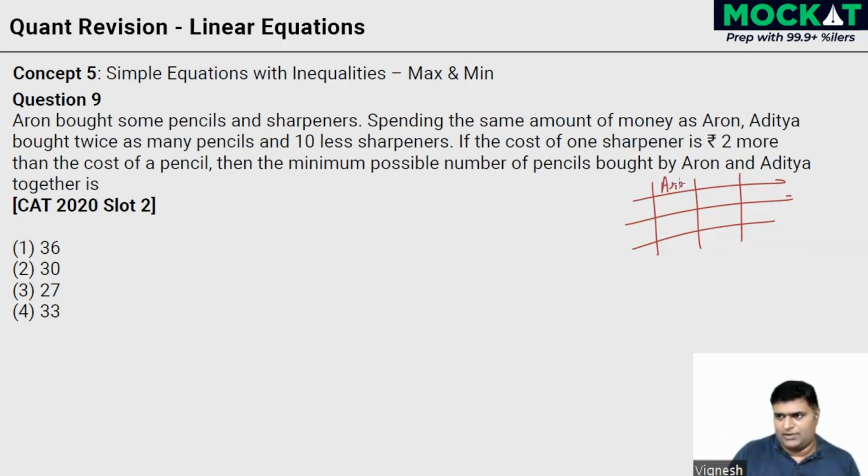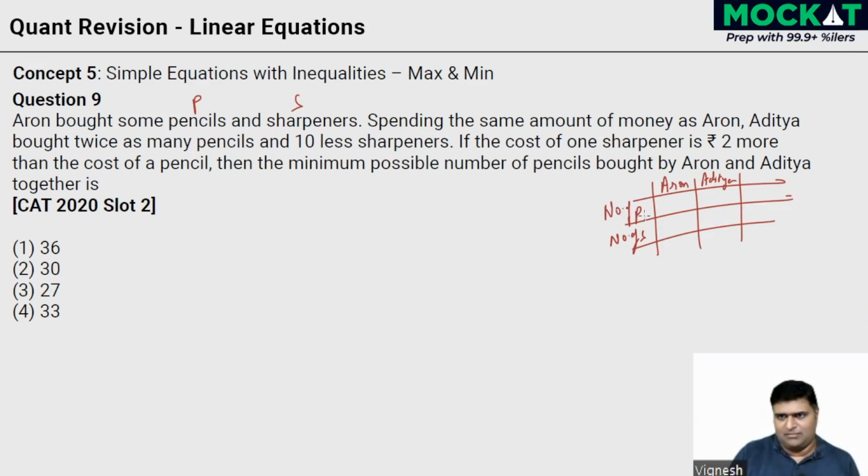So let's say Aaron and Aditya, and we have the number of pencils, number of sharpeners, and the price as well, right? The price of a pencil and sharpener over here is going to be P and S.